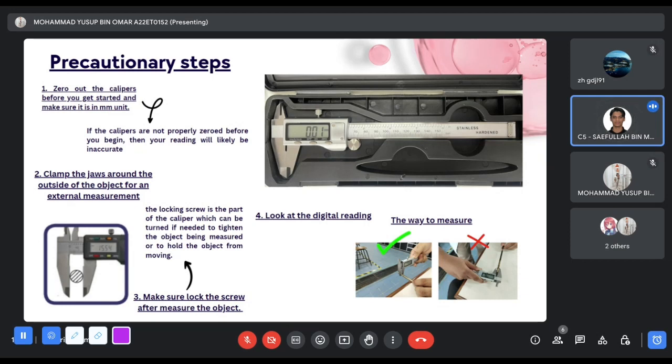The third is to make sure to lock the screw after measuring the object, because we don't want the object that we measured to move. And the last one is to look at the digital reading. Based on the picture here, we have the way to measure the object, which is the right one, and the green, which is the wrong one.